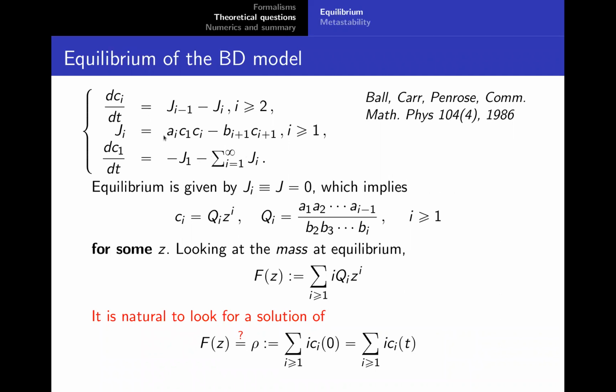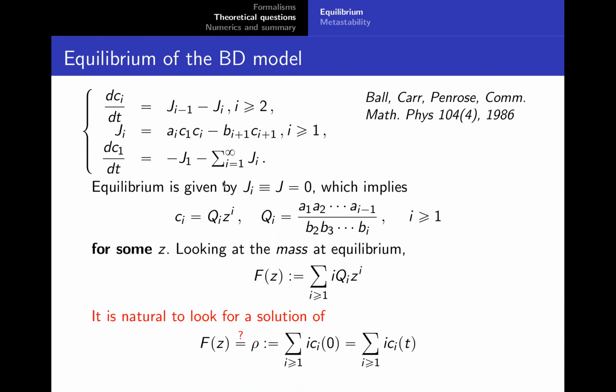To make it short, the easiest constraint is that both a_i and b_i are sublinear for large size. If both a_i and b_i are sublinear in size, then everything here makes sense. And as long as you start with a suitable initial condition, the solution is well posed and unique for all times.